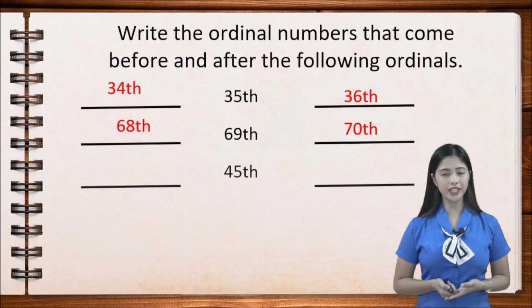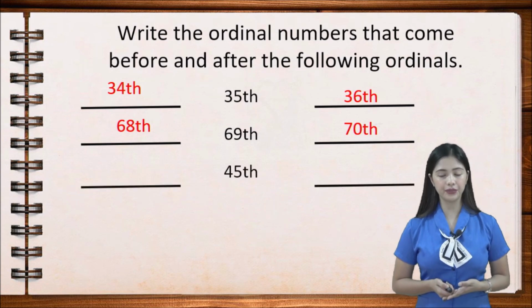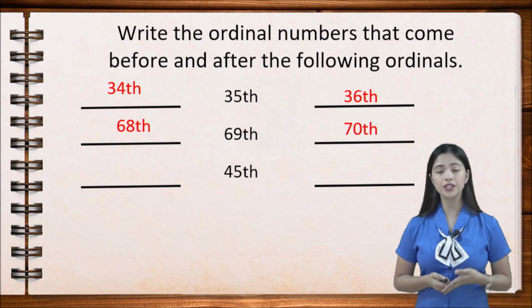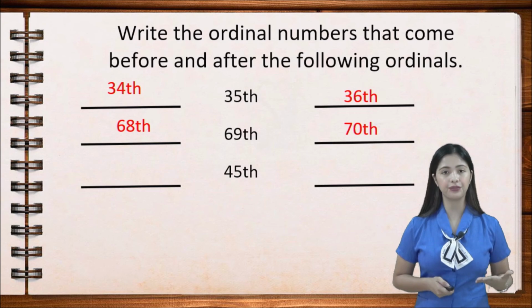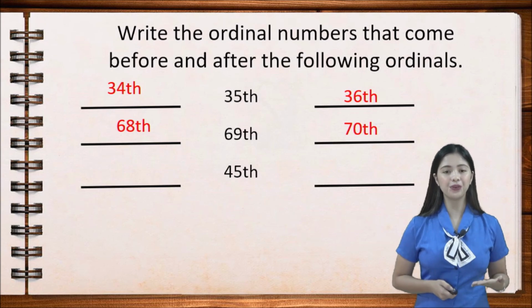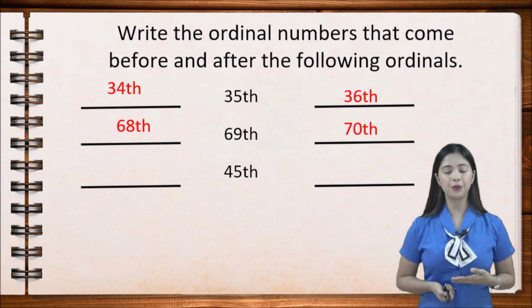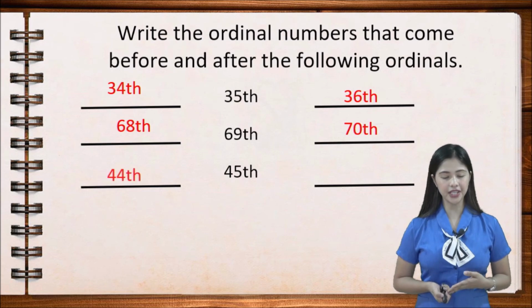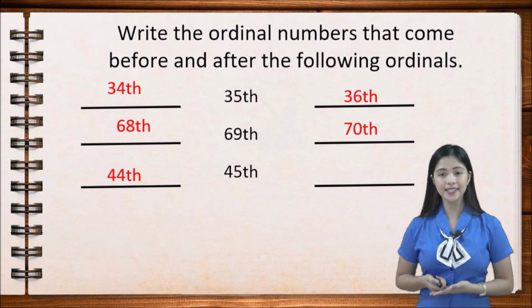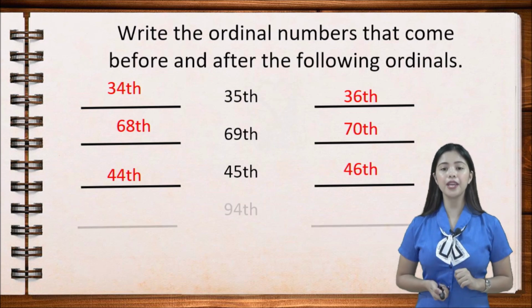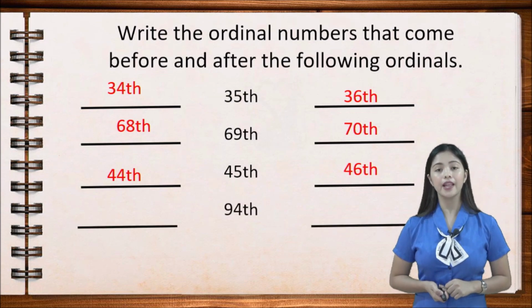Okay, so next one, let's proceed to number 3. We have the ordinal number 45th. So what is the ordinal number before 45th? We have 44th. Very good. And after 45th, we have 46th. Alright, so now let's proceed to number 4. We have 94th.